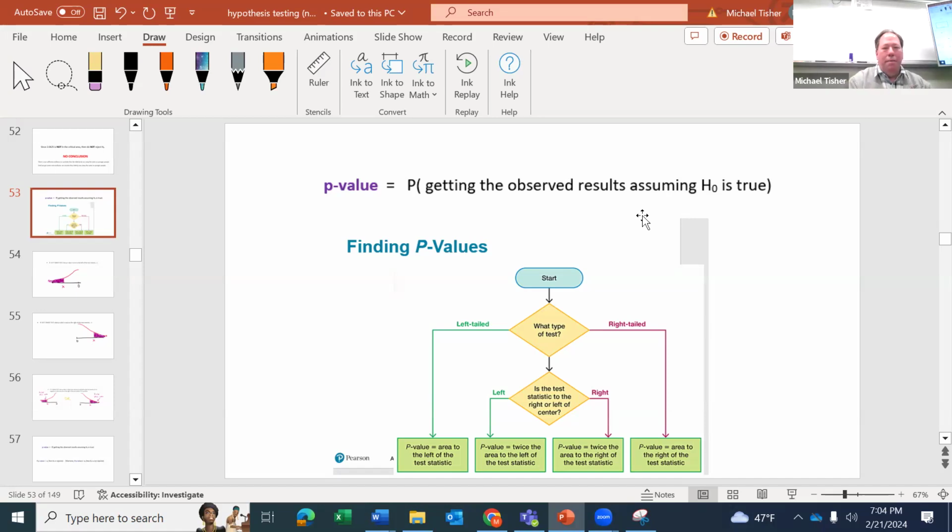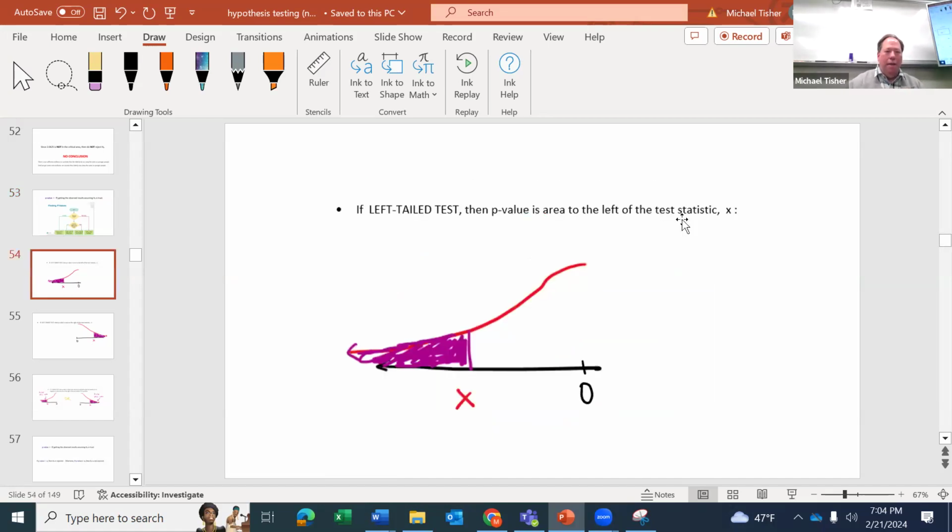Okay. So what that means is if the probability is very low, if the p-value is very low, then I can reject H0. Okay. And here's what that looks like symbolically. Okay. So if I have a left tail test, then the p-value is the area to the left of the test statistic.